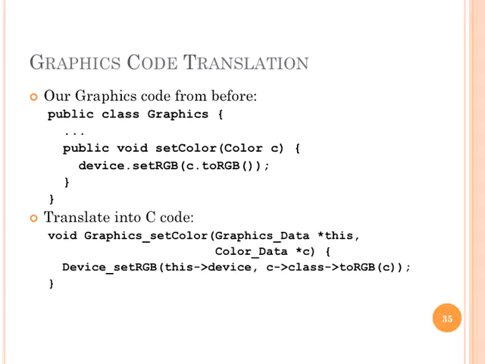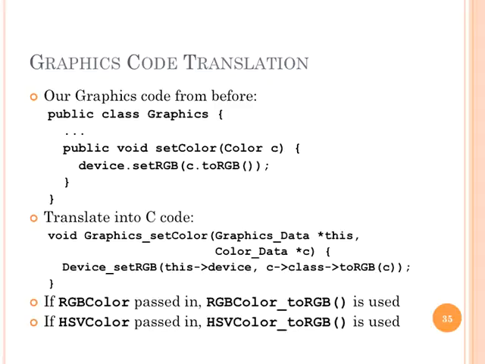Well, I don't know what kind of color it is, but I know it has a class member, so I say c arrow class, and I know the class says what version of 2RGB to use for this object, so I just call 2RGB on it. And if I pass in an RGB color, it calls the right version. If I pass in an HSV color, it calls the right version. Any questions? This is basically exactly how virtual functions work, virtual methods.